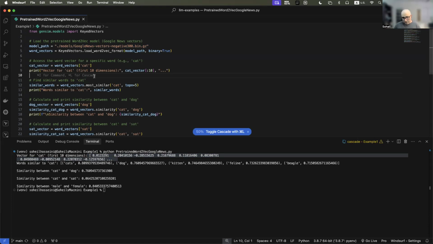So that's what you can use in NLP, natural language processing, or you can use that in a large language model. This is also another function, which gives you the most similar words, the top 5 similar words to cat. One thing when we talk about similarity, this is talking about cosine similarity.